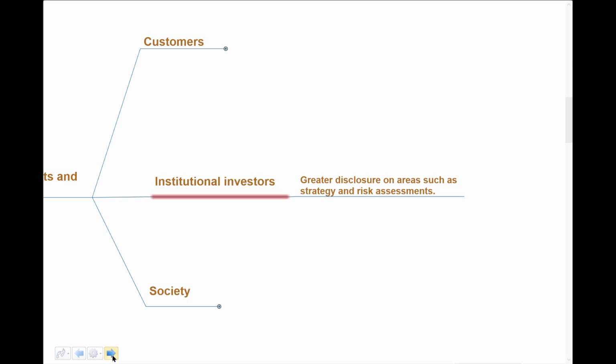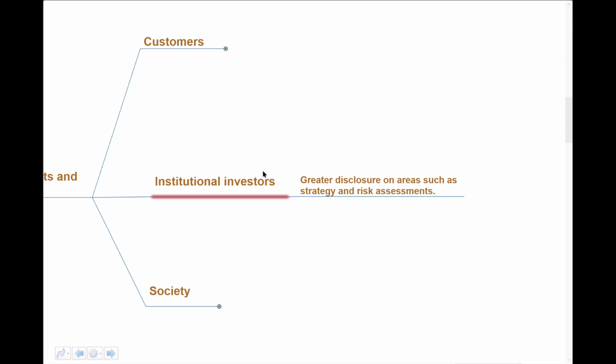Well, as we've seen in other parts of this course, institutional investors are, broadly speaking, acting on behalf of their own clients and beneficiaries to ensure that companies are well run, and that there is a return to their members based on their shareholding in various listed and other entities.